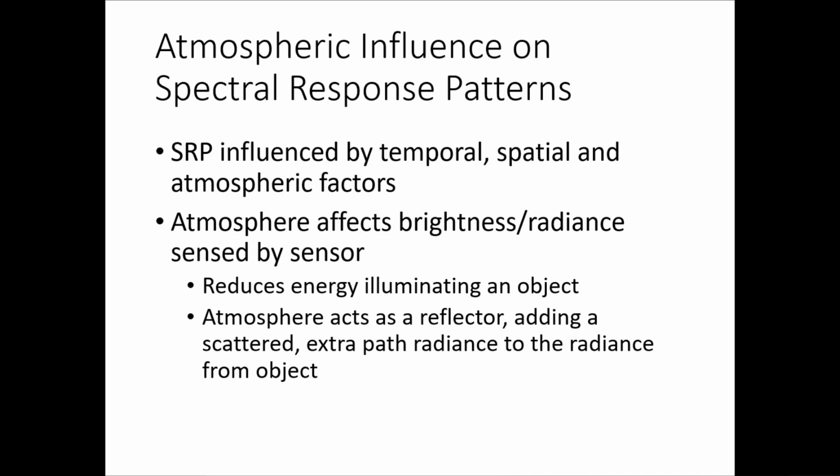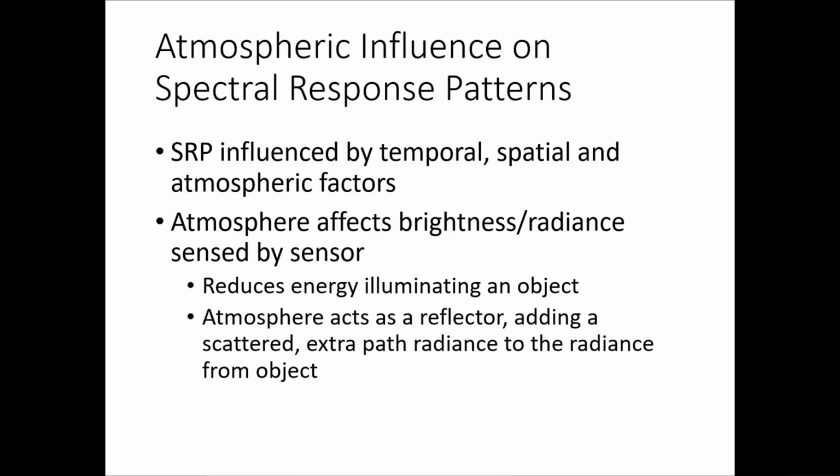Then the atmosphere acts as a reflector, adding scattered extra path radiance to the radiance from the object as well. So once it is reflected, the radiation sensed by our sensor can include an additional radiance too, because some energy will be scattered in the atmosphere, and that radiation can also be sensed by our sensor.